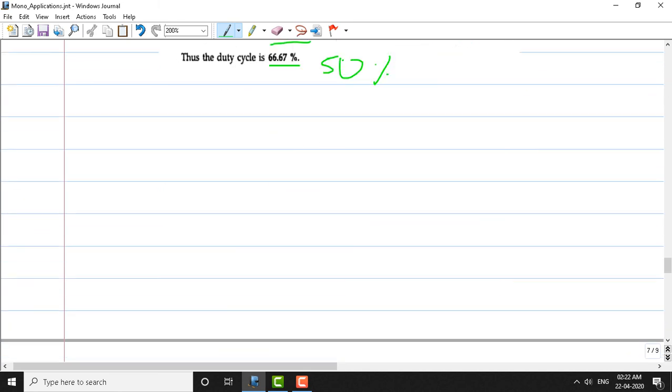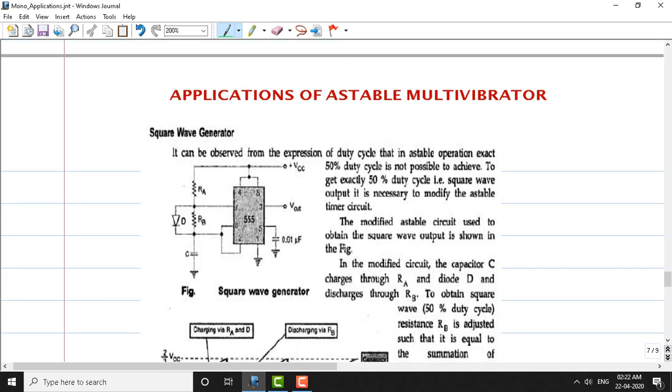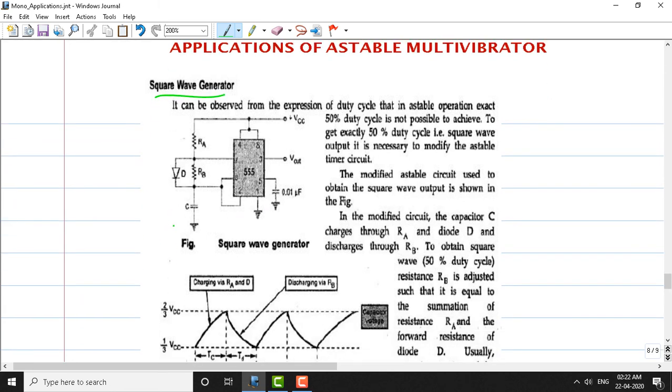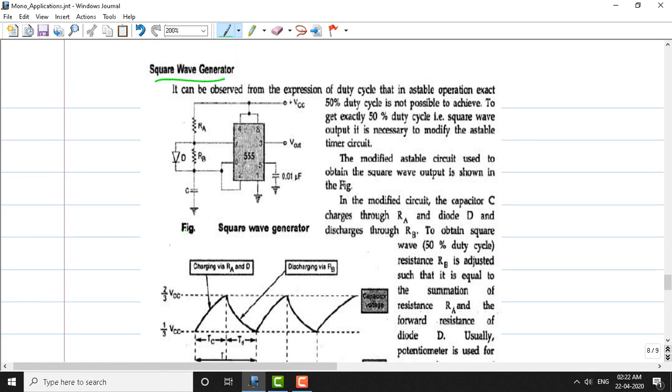Now we have a variety of applications of the astable multivibrator. One important application is the square wave generator. Already we have seen the square wave application of the astable multivibrator, and we are doing some small modification to the circuit so this becomes a very good square wave generator. The modification is that we are connecting a diode across the resistance RB.